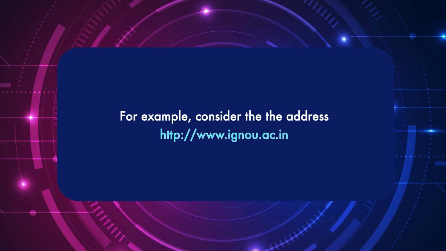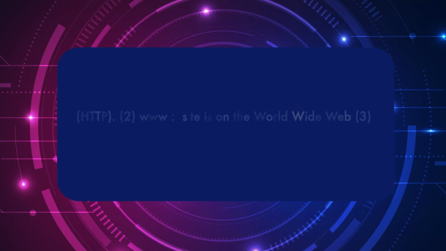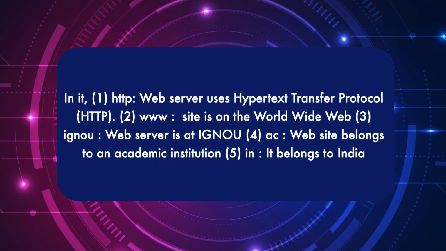For example, let us consider the website address http://www.igno.ac.in. In this, HTTP is the web server that uses hypertext transfer protocol. www is the site on the World Wide Web.